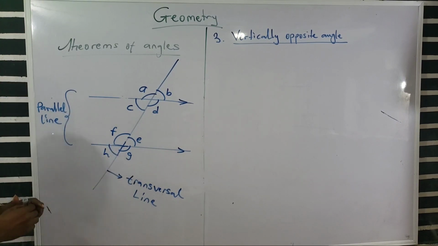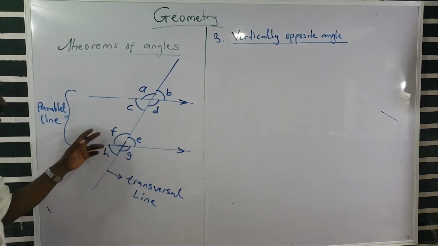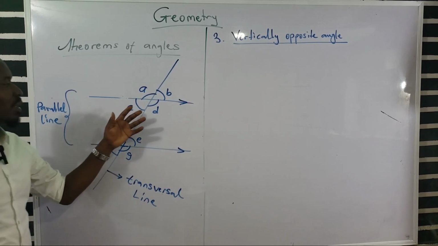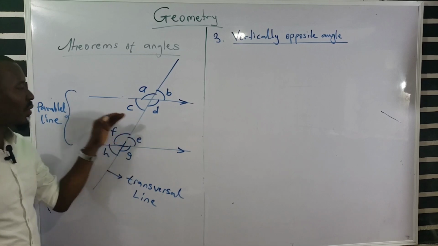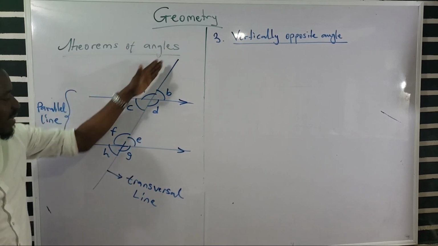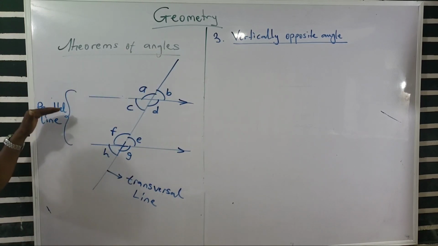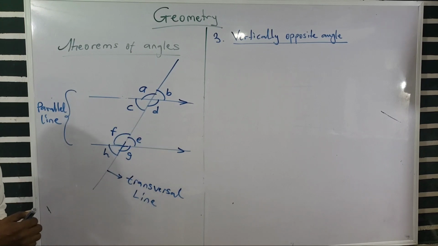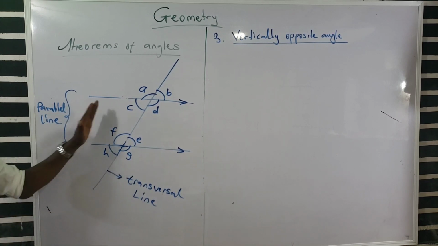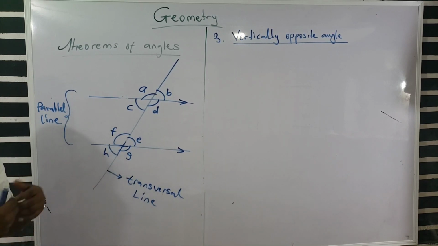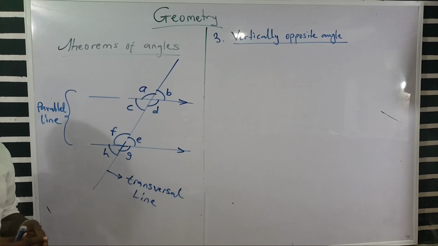H. Okay, so we use A, B, C, D, E, F, G, H to indicate the angles that have been produced when a transversal line cuts two parallel lines. Now remember, we can have more than two parallel lines, we can have three, we can have four, but let's just use these two parallel lines to illustrate what we are trying to discuss.